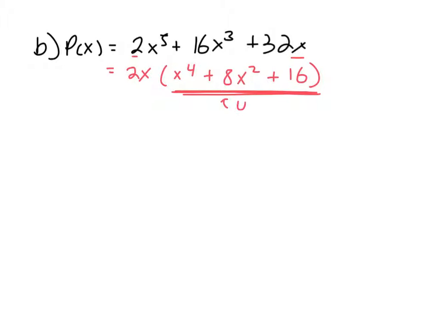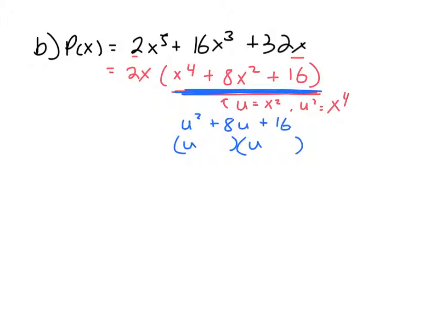Let me use u-substitution. So u equals x squared, and then u squared equals x to the 4th. Okay, so this can be written as u squared plus 8u plus 16, right? And this is easily factorable. So this then is u.